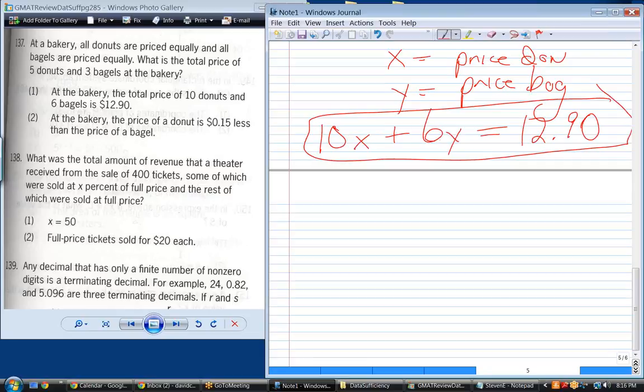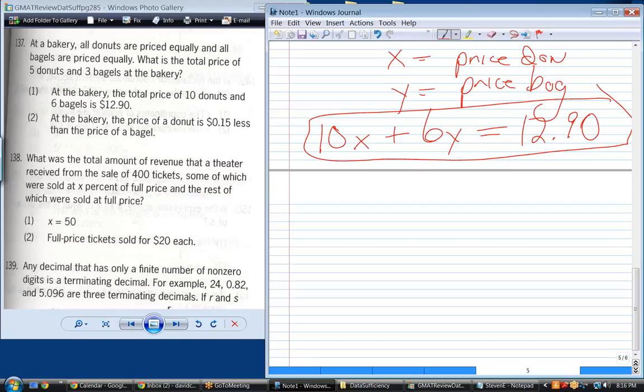Has to be more than one. Infinite. Because we have two variables and one equation. Now, some of these problems you can't automatically say that because sometimes there's only one integer solution. Yeah, that's the way they trick you right there.